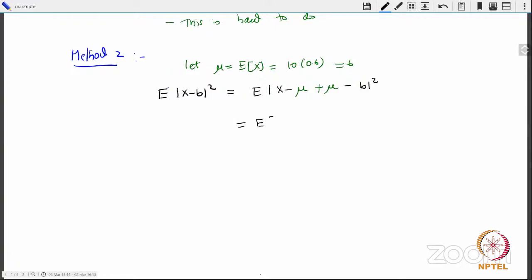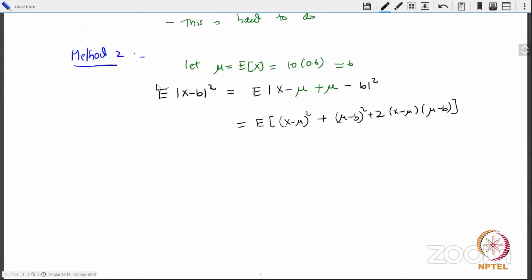In the bracket I have (X minus mu) whole squared, plus (mu minus b) whole squared, plus 2 times (X minus mu) times (mu minus b). That's clear so far. I just expanded the square.